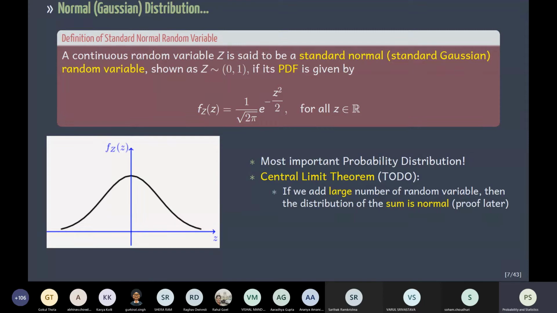The distribution of the sum goes to normal. So if you add various random variables, let us say x1, x2, up to xn, where large means I add infinitely many of these independent and identically distributed variables. I will get into the technical things later on.